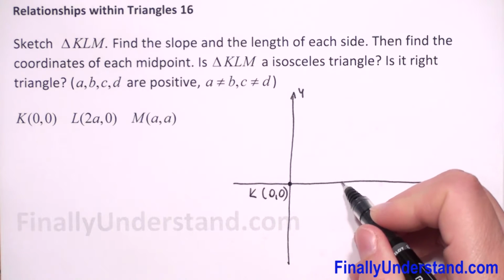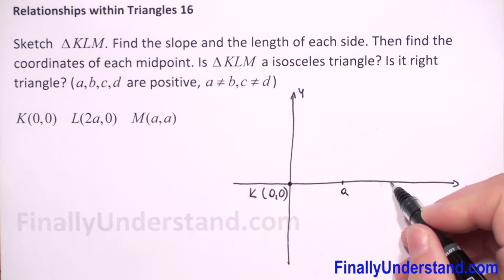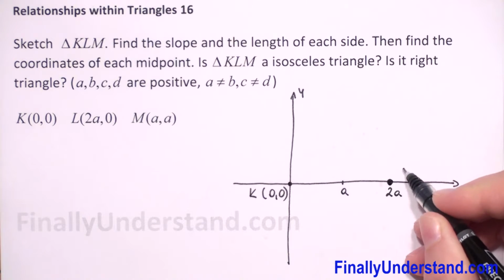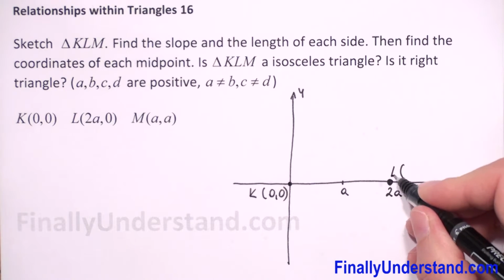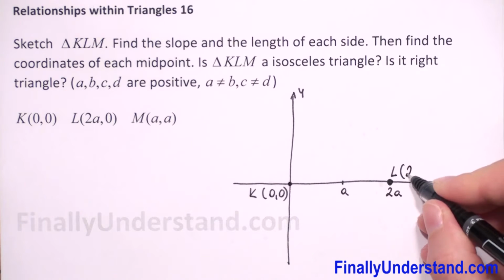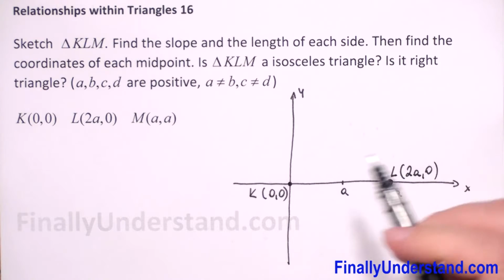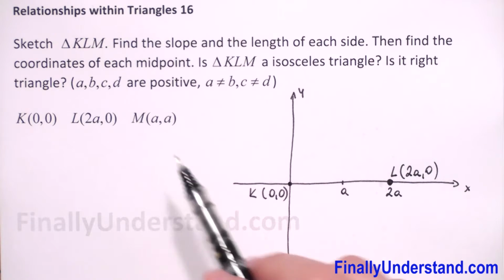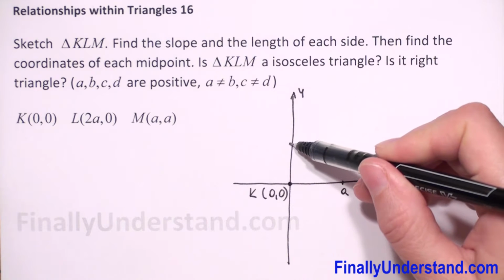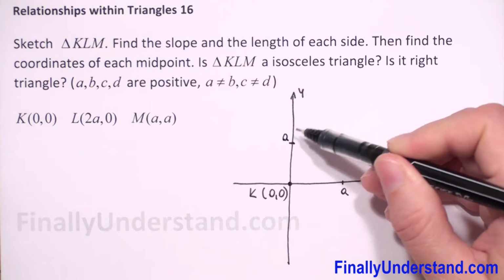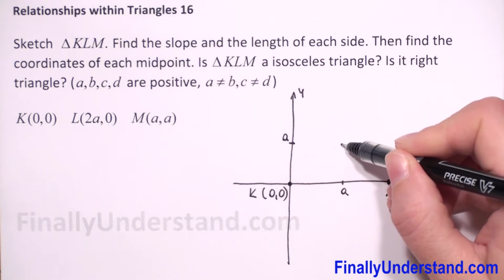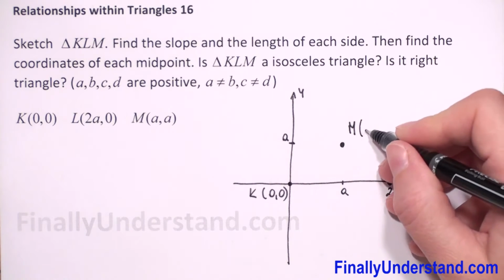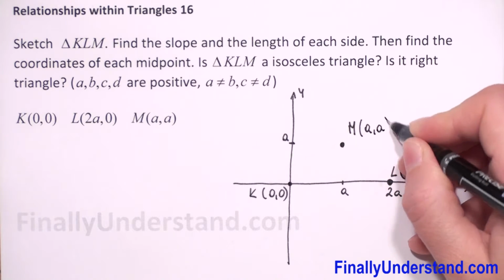So let's put that this is our a, approximately here will be 2a. So this point has coordinates, this is L, 2a, 0. And point M has coordinates a, a. So approximately here will be a.